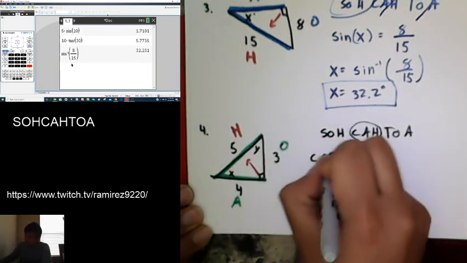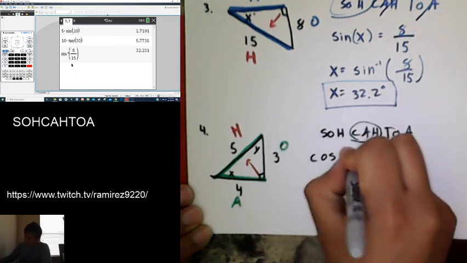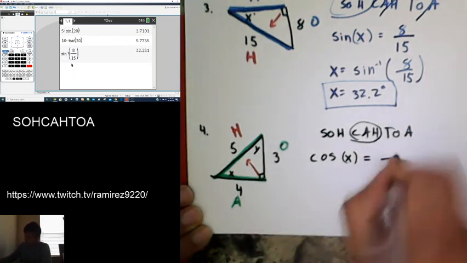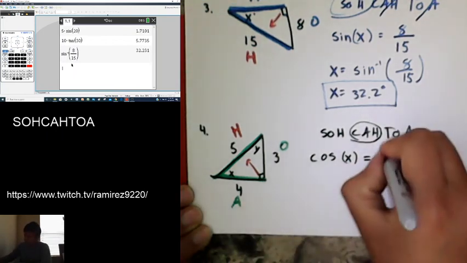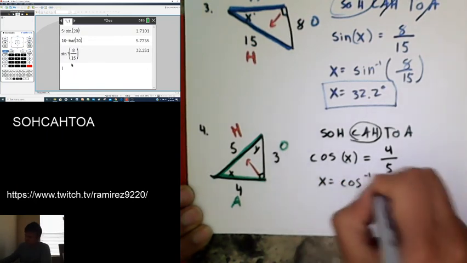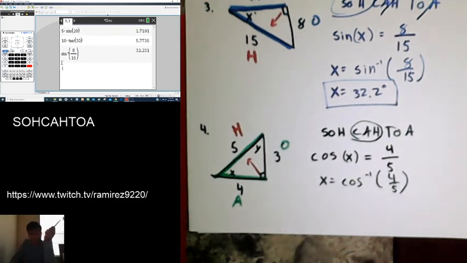So it's the cosine of the angle, in this case X, is equal to A over H. A is 4, H is 5, and again, X is just the cosine inverse of 4 over 5. So I just come here, and this is a good one to kind of remember.